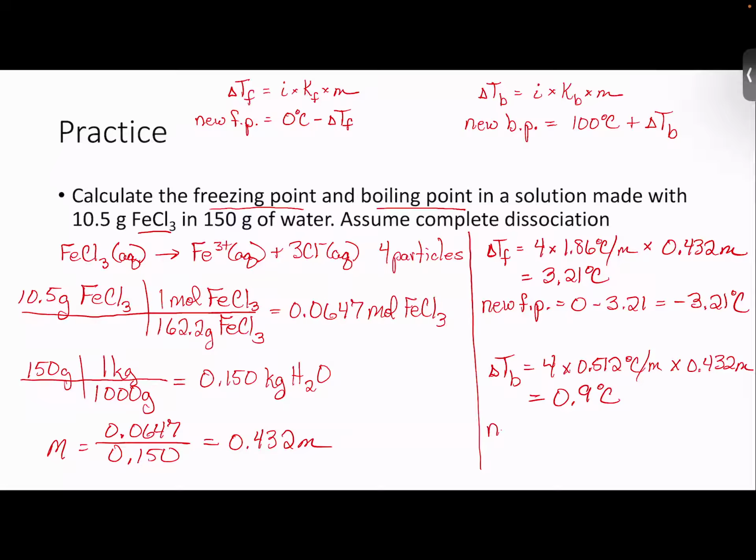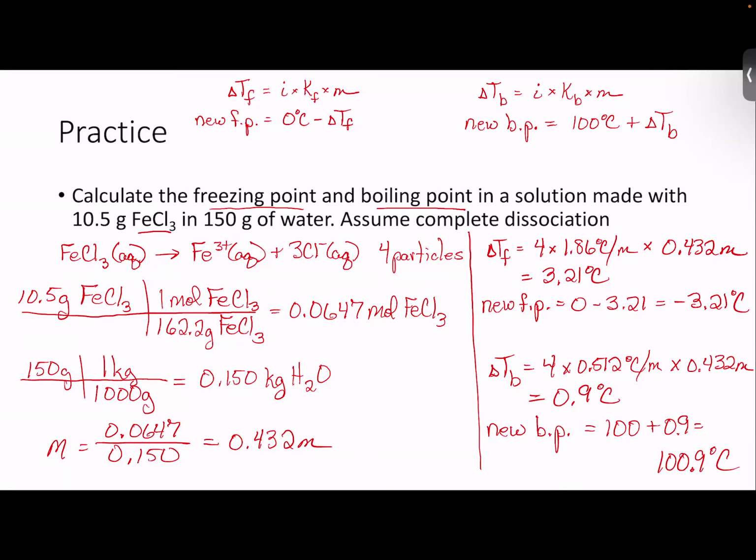So our new boiling point is going to equal 100 plus 0.9, or in other words, 100.9 degrees Celsius. Questions?